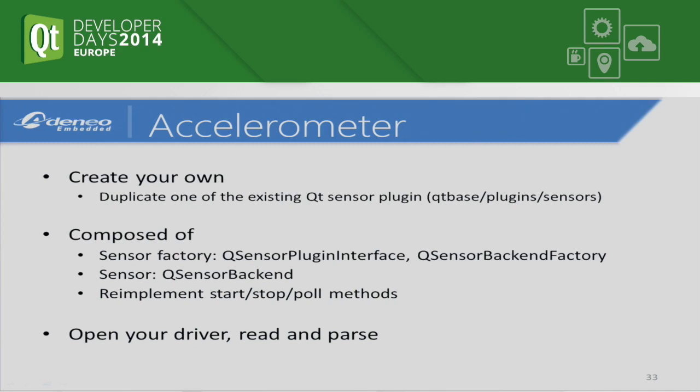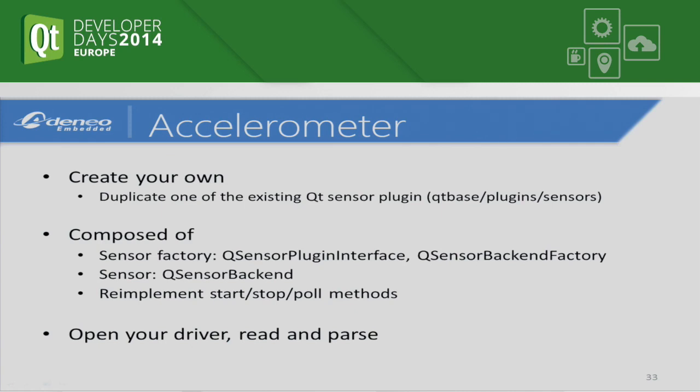And one plugin is composed of two different things, so that's really a basic one. A QSensorPluginInterface and a QSensorBackendFactory, so you have the interface of the plugin, which is made of these two. And then you have your sensor that is handled in a class inherited from QSensorBackend.